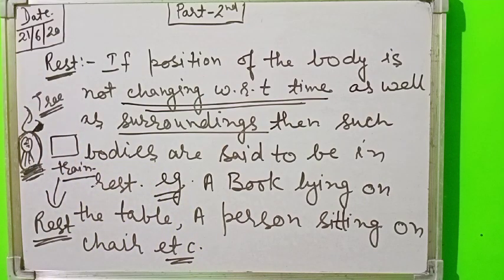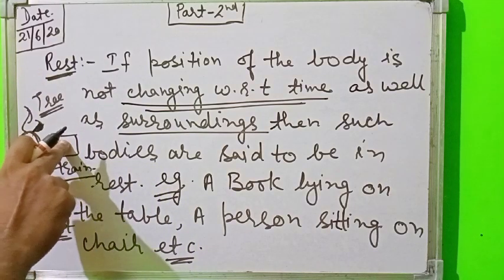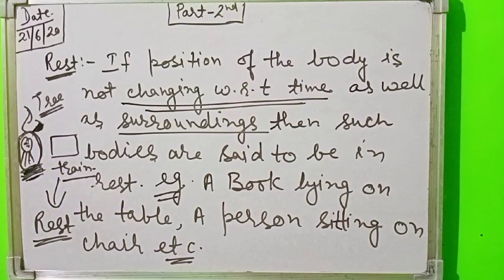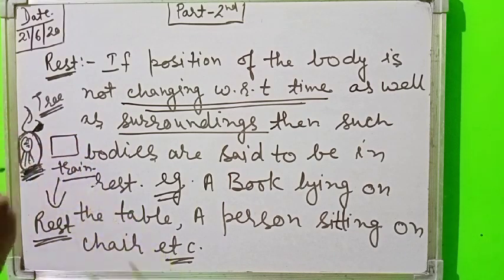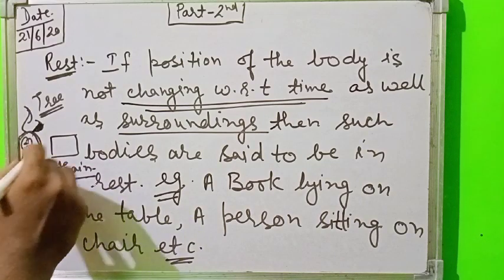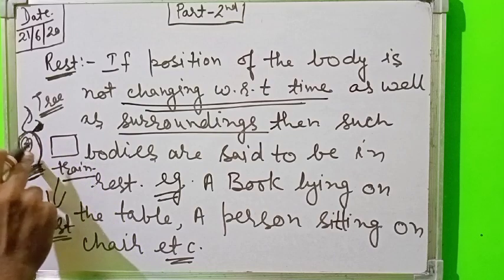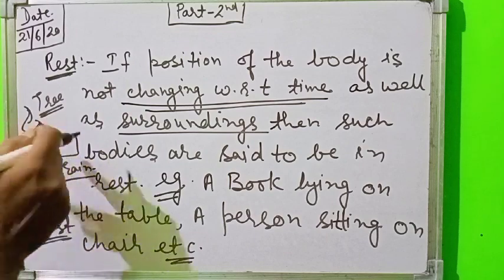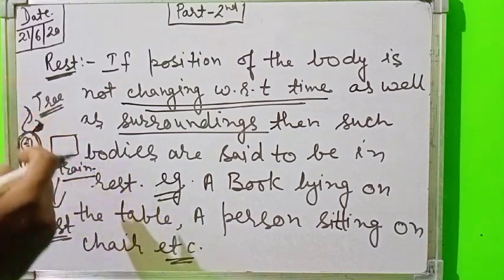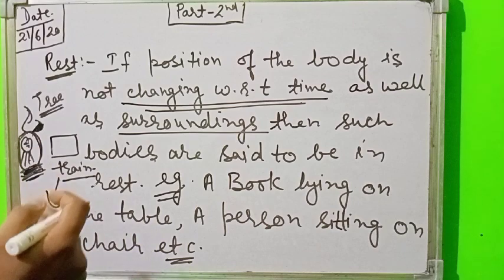But if it happens that the tree is changing its position, means sometime 1 minute before you are seeing the tree parallel to you, and after that you are seeing the tree is behind you, it means that with respect to the surrounding, the tree is changing its position with time.